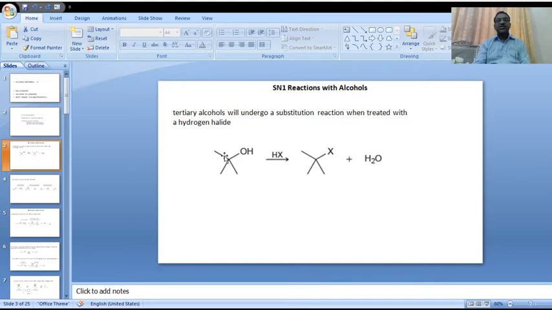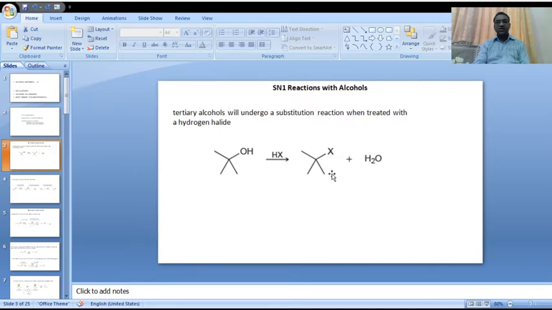Tertiary alcohols undergo a substitution reaction when treated with a hydrogen halide. The hydroxy group is substituted with the halogen from HX. On breakage of HX, the halogen replaces the hydroxy group, and OH and H are converted into a water molecule.